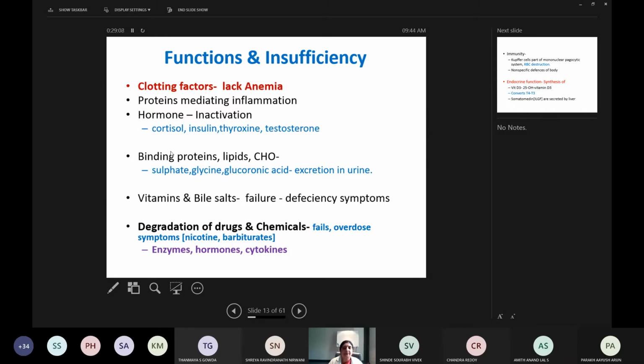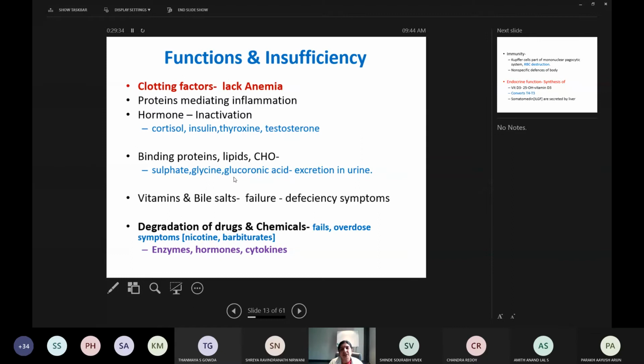Okay, then next is binding proteins and lipids and carbohydrates. Binding proteins means, you know, the liver is the main site for conjugation of many of the products, like bile and other detoxification and inactivation. So sulfate, glycine, glucuronic acid, these are the conjugating proteins or binding proteins.